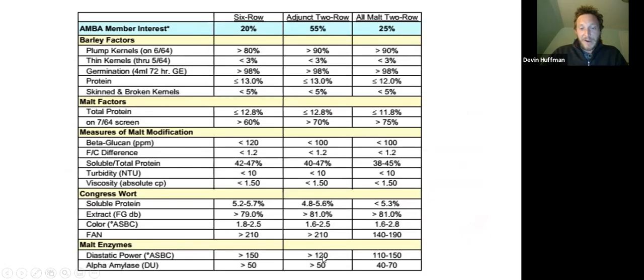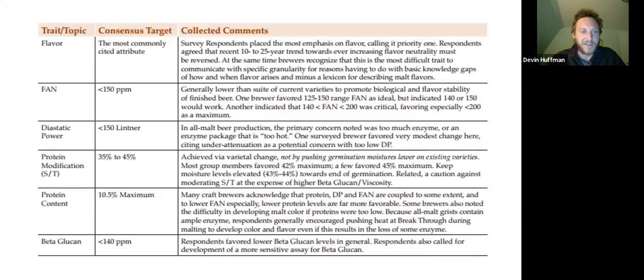Then we're looking at some of the key factors here, which would be diastatic power, looking for greater than 120 degrees, and alpha amylase higher than 50 units. Compared to the all malt, 110 being the low end of acceptable, and 40 to 70. They don't have alpha, but diastatic power less than 150.